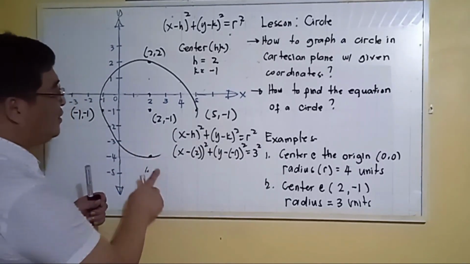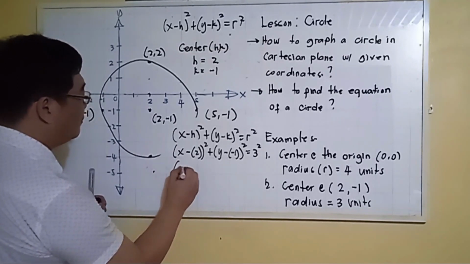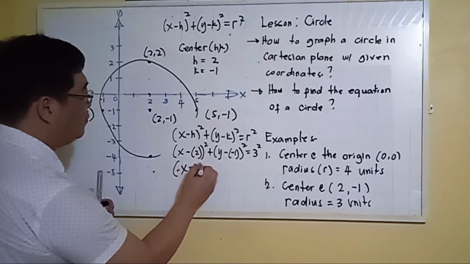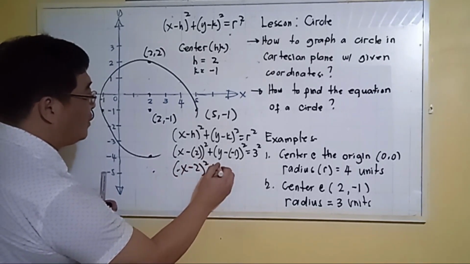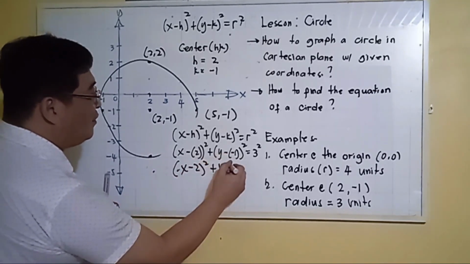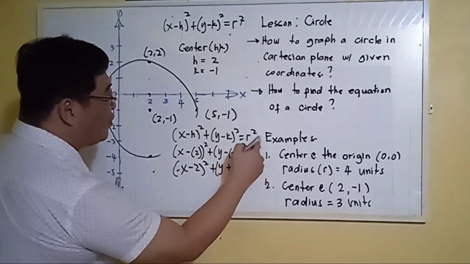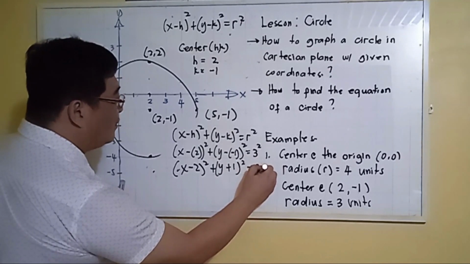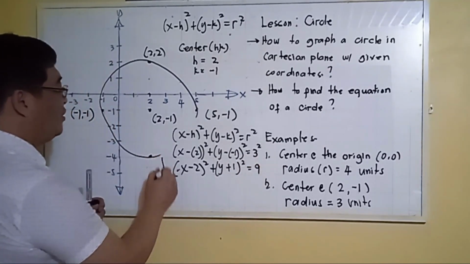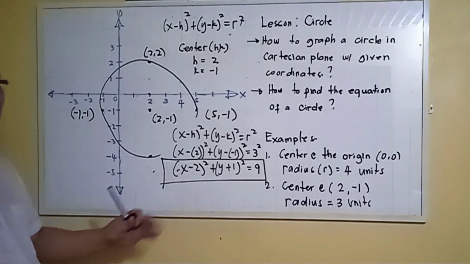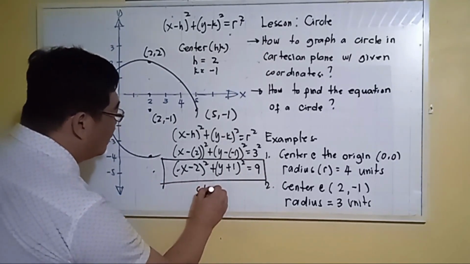So what we have is (x − 2)² + (y + 1)² = 3² = 9. So ito na yung equation of the circle in standard form.